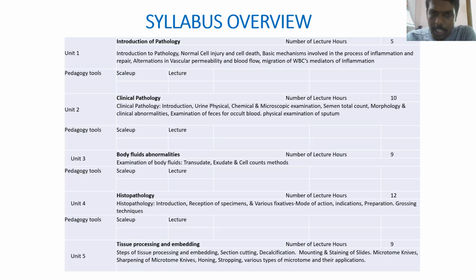And in unit 3, we discussed different types of body fluid abnormalities. There we discussed how fluids are formed, and we even gave a basic classification of body fluids, like extracellular fluids and intracellular fluids. Intracellular fluids are the fluids present inside the cell, whereas extracellular fluids are present outside the cell.